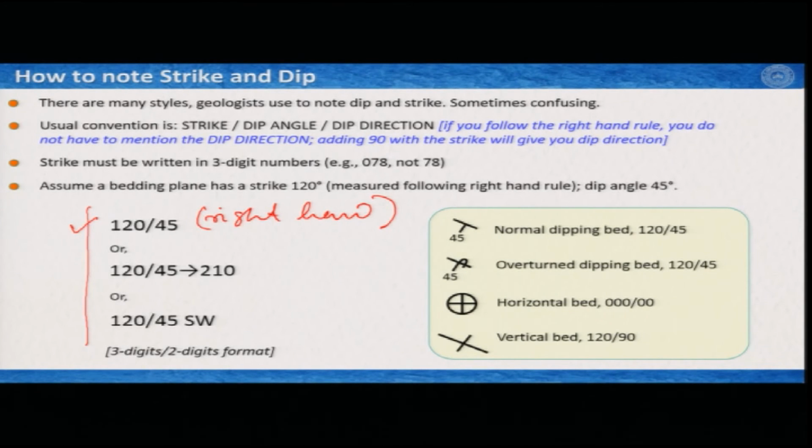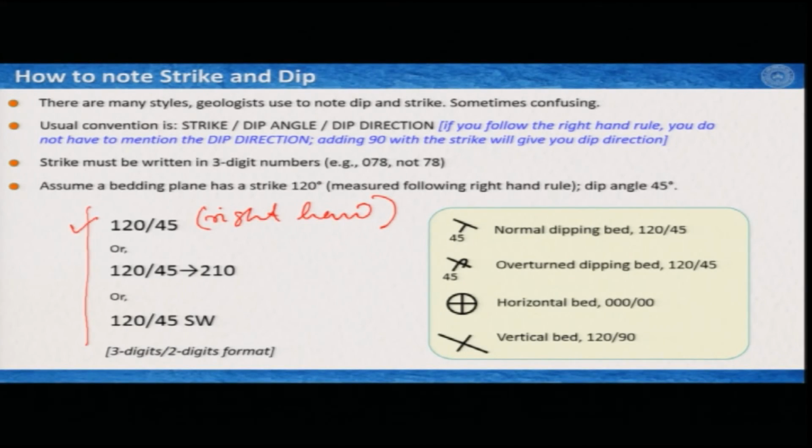But how to plot them in the map, or how to read them in the map? If you are looking at a structural geology map, you will see many symbols. Now you have to understand what is what. If you have a normal dipping bed with the same orientation, 120 degrees, 45 degrees, then the symbol is something like that.